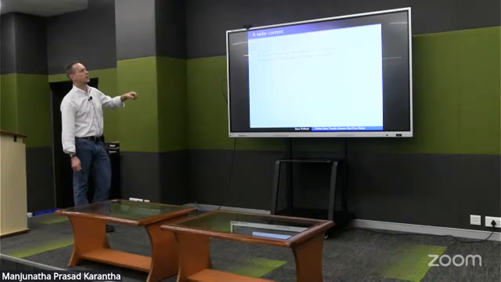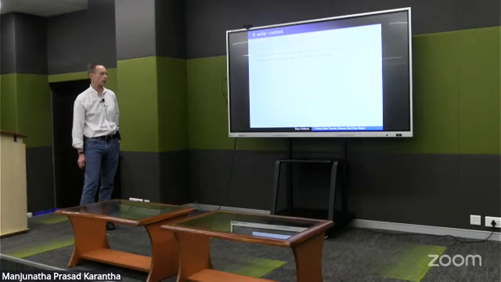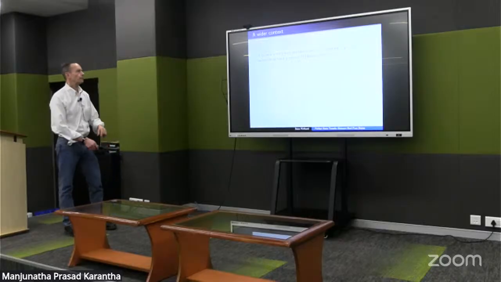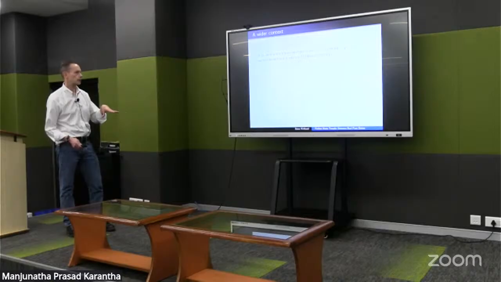Okay, a quantum state can be represented by a symmetric positive semidefinite trace one matrix, D. D stands for density matrix. And this is a standard notion in quantum information theory.